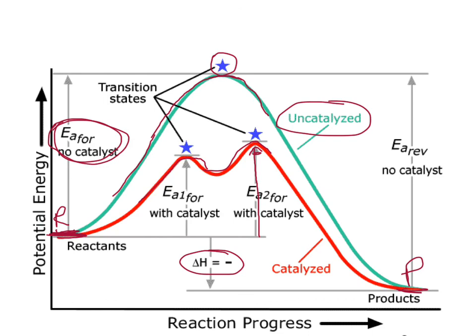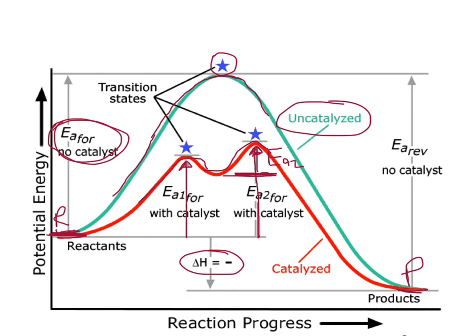In this diagram, the EA for step 1 is here. I just realized this diagram is mislabeled. The EA for step 2 would actually be starting here and go to the top of that hill. That would be EA2.